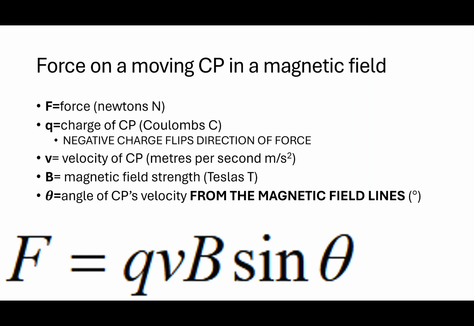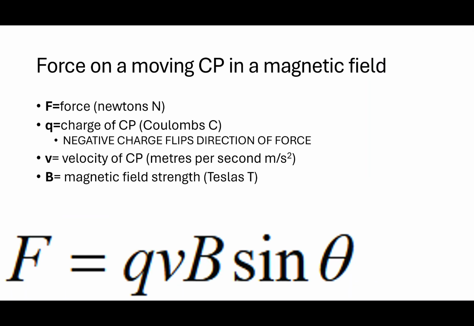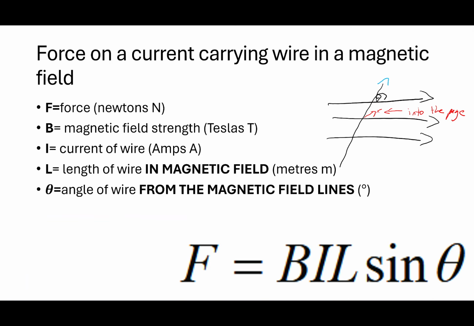And the force is, I'm pretty sure, related to the cross product. That's why there's the sine theta, and that's why it has to be at right angles to have the maximum force.